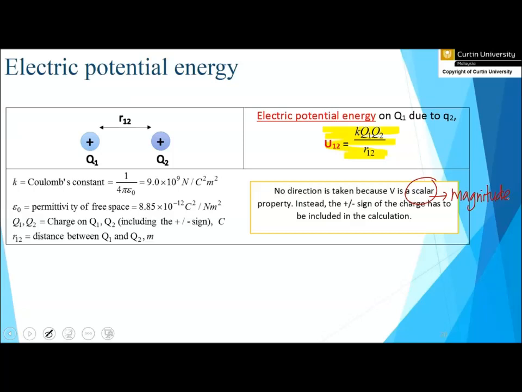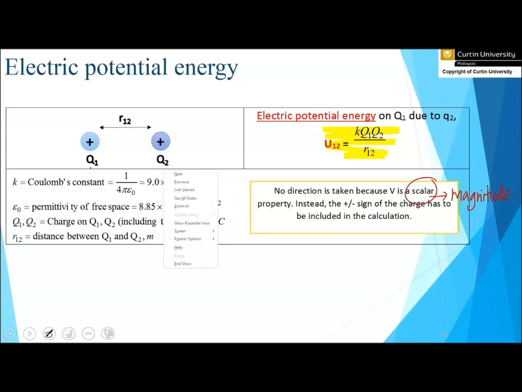So for electric potential energy, the formula is given by K times Q1 Q2 divided by R. Again, it refers to the interaction between the two charges, Q1 and Q2.